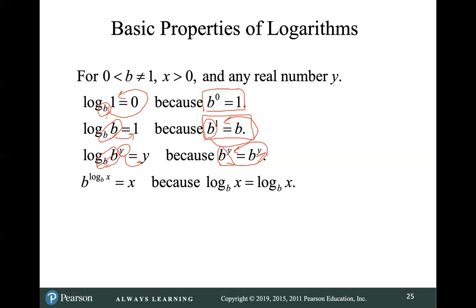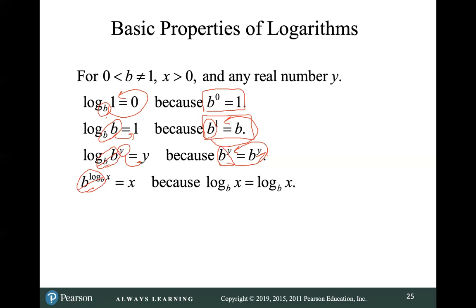Okay, so really all we're doing is we're switching back and forth between exponential and logarithmic form, and we're looking at what properties we can solve for. This last one is fun. Again, we're seeing that the bases match, and when the bases match, essentially they cancel out.